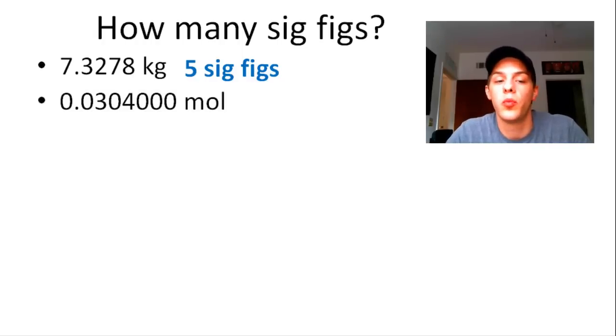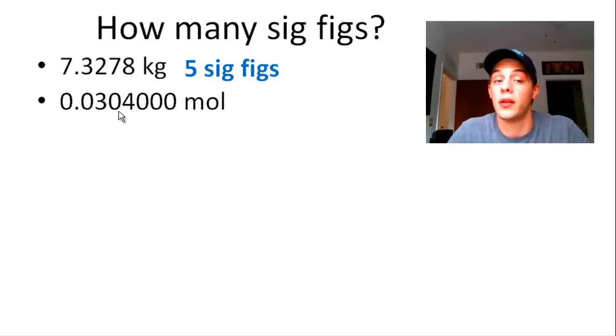Let's go on to a slightly harder one. This one is 0.0304000 moles. So how many sig figs are in this? Well, this one has a lot going on in it because there's 3 different kinds of zeros. We have some leading zeros over here. We have an interior zero here, and then we have some trailing zeros over here. So if you remember the rule, leading zeros are not significant, so we're not going to count these two.